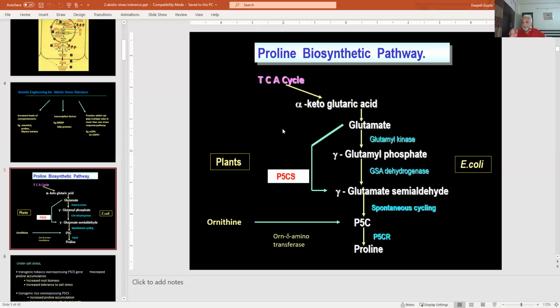In both the stresses, plants try to overaccumulate proline. So a cDNA library was constructed using mothbean root nodules, and then they were screened using Pro-A as a probe, and Pro-B as a probe, and Pro-C as a probe to find out whether plants have homologs to these genes.